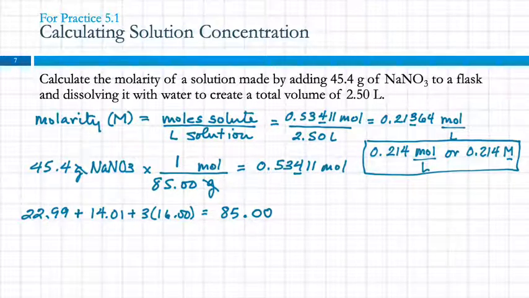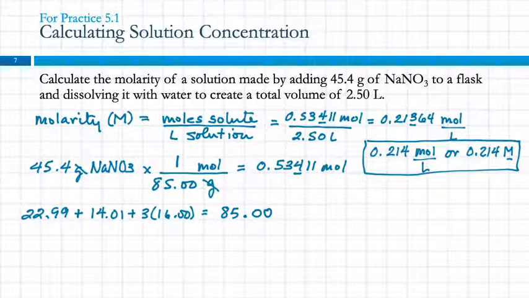salt dissolved in water. So will we be told, or will it be clear which the solute is? That's a good question. We intend it to be clear. That doesn't mean that it will be clear, but we intend it to be clear. This one specifically mentions it's being dissolved in water.